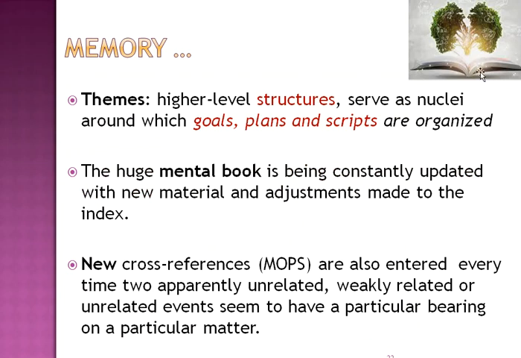So our mind is like a huge book, right? It is consistently updated and organized in a network, and we have some packets of this information, and some packets are called scripts, right, to help you navigate in this. New cross-references and MOPs are always entered every time and updated and so on.